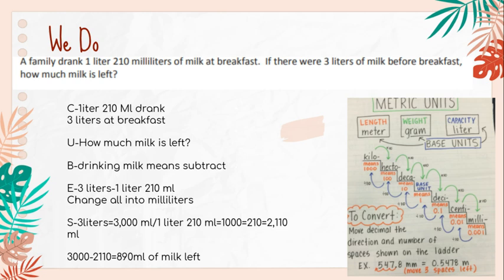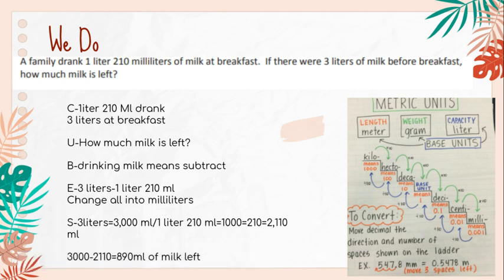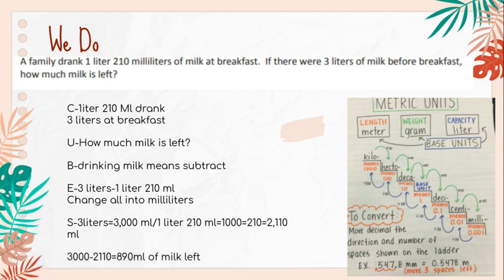That means I need to change all of this into milliliters because that's going to make my life easier. So 3 liters equals 3,000 milliliters. And 1 liter, 210 milliliters: I know that 1 liter is 1,000, and then I have to add 210 to it. That's going to give me 2,110 milliliters.